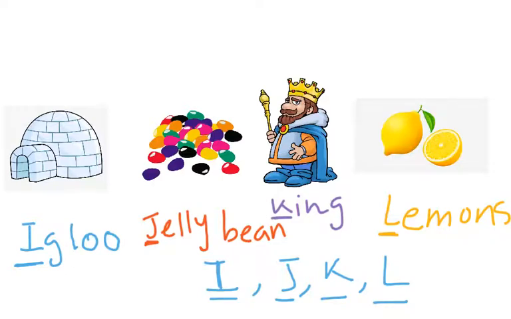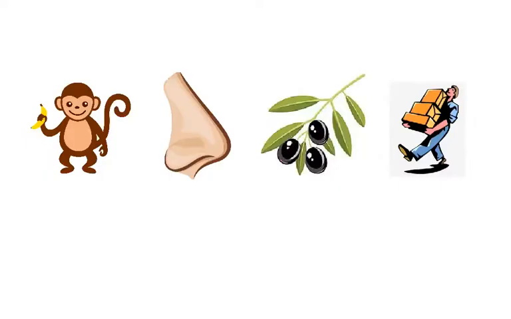So just I, J, K, L. And I'm putting these underlines under them so you can see them. You don't really include them when you write the letter, but the proper way would just be the I right here, the J or the K or the L. Okay? So now let's move on to the next page.